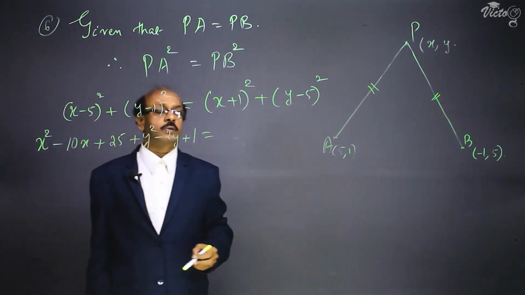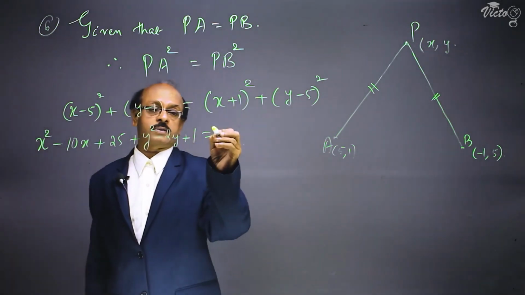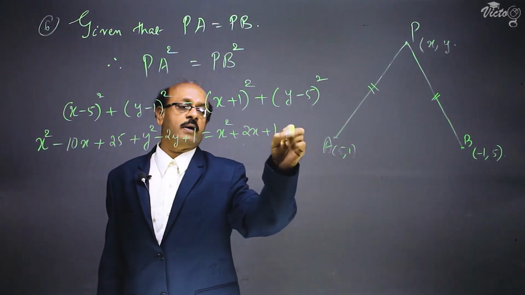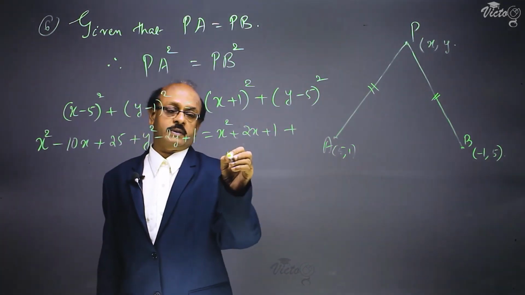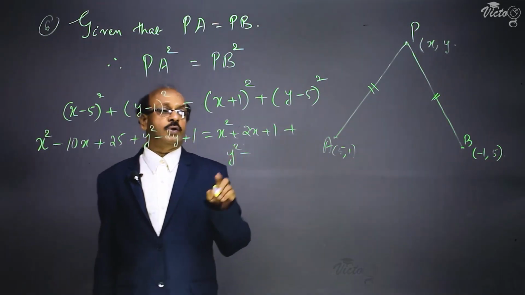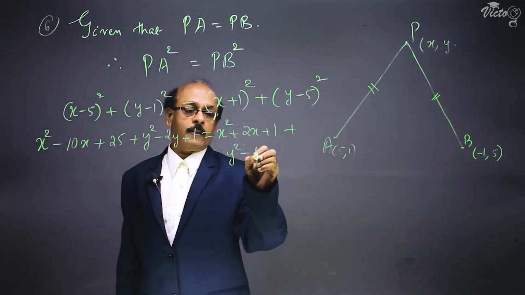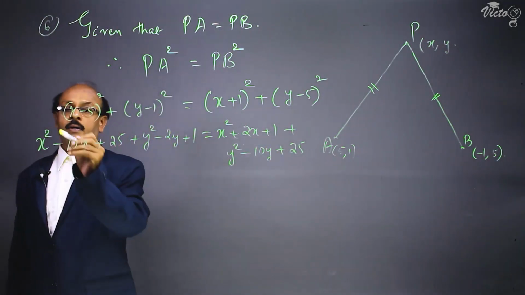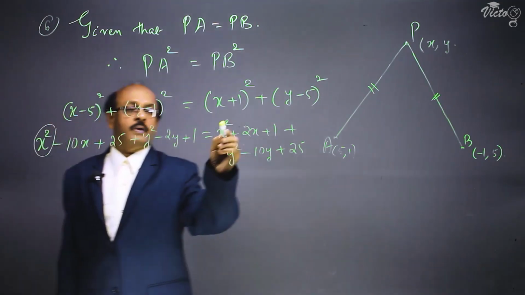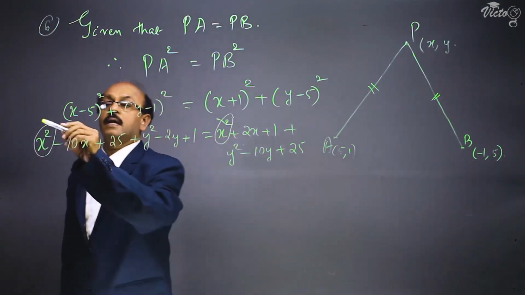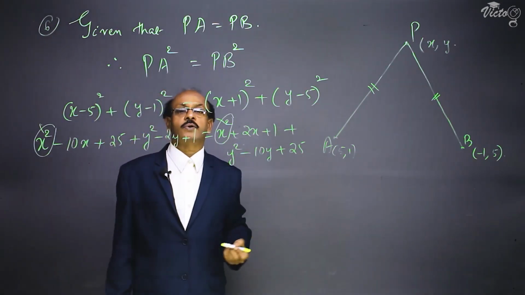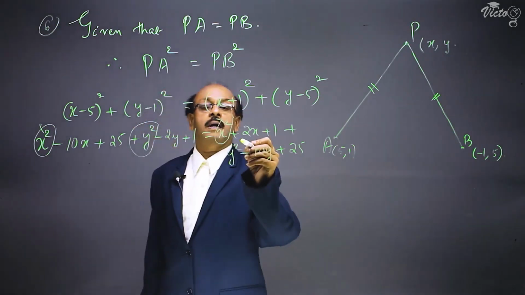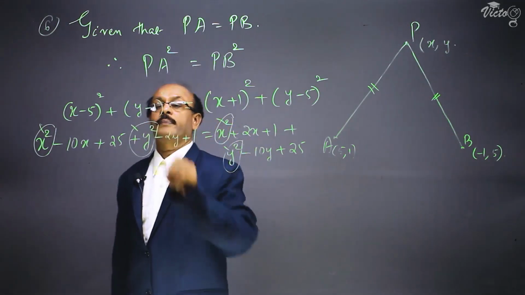Expanding (x plus 1) the whole square, it is (a plus b) the whole square: x square plus 2 into x into 1, 2x, plus 1 square, 1. Then (y minus 5) the whole square is equal to y square minus 2 into y into 5, which is 10y, plus 5 square, 25. Here it is x square, here also x square. We can cancel x square from both sides. Similarly, here also y square and here also y square we can cancel.